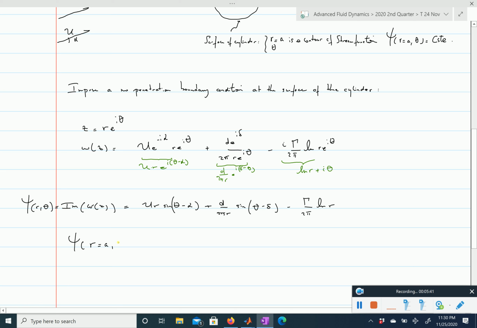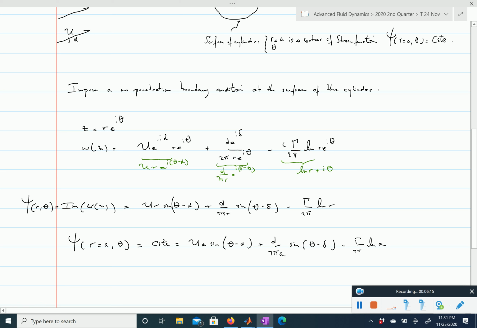This is the value of our stream function along the surface of the cylinder, and we want to impose that this has to be equal to a constant. But this is equal to U a sine of theta minus alpha plus D divided by 2 pi a times sine of theta minus delta, minus gamma divided by 2 pi log of a.